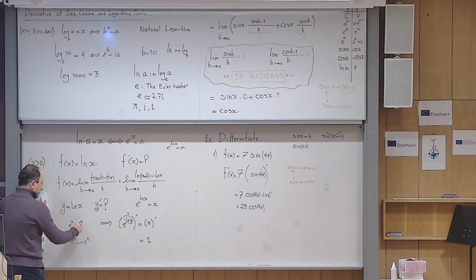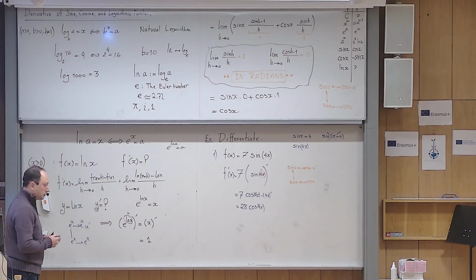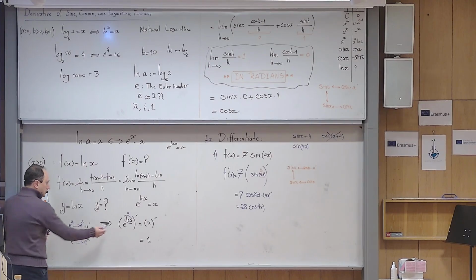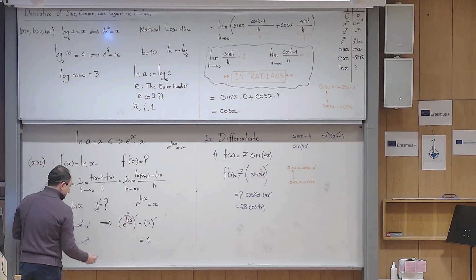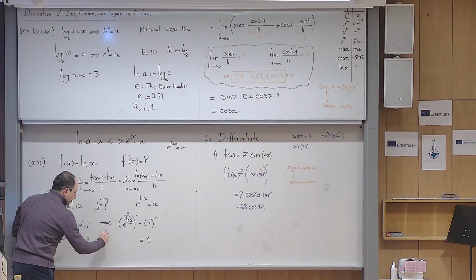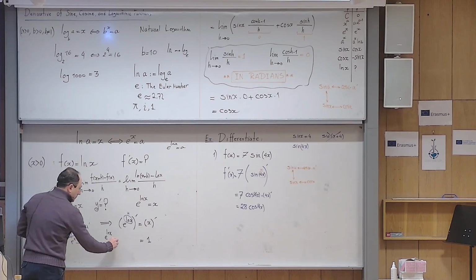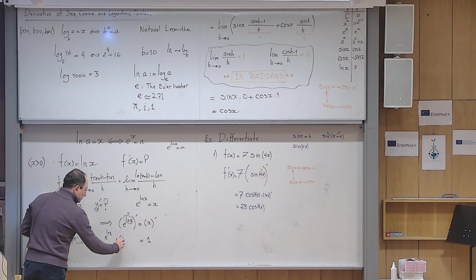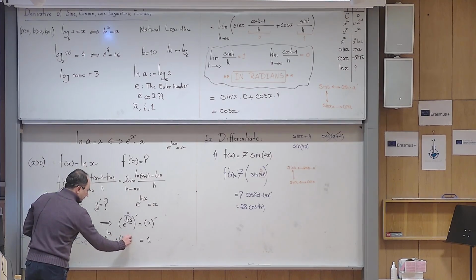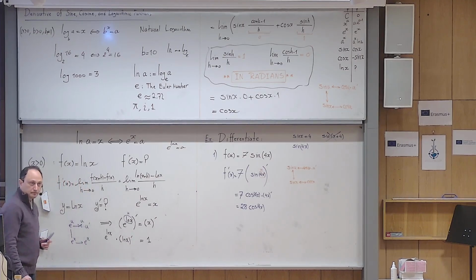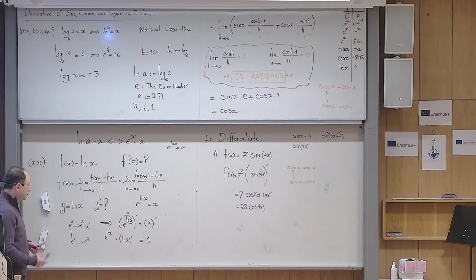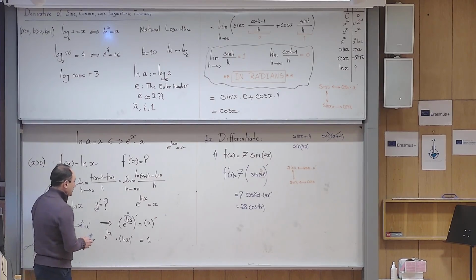It becomes the same rule, but I have to multiply by u prime. So let us just do that. The derivative becomes e to the power ln of x. It is not finished, multiplied by u prime.